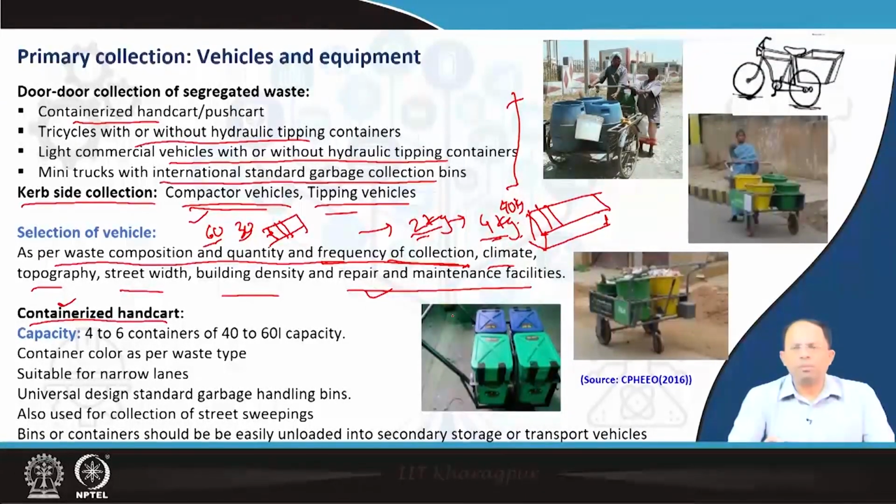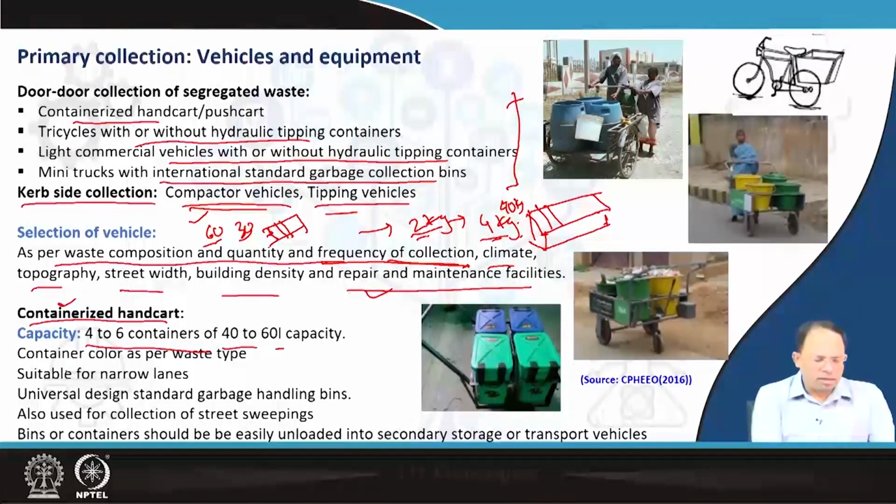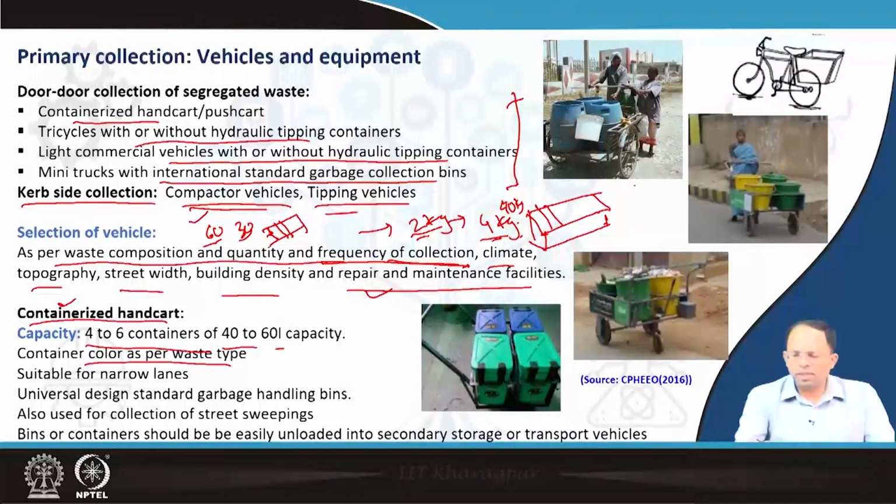But if it is not 50-50, in that case accordingly we have to select so many containers of organic waste and so many containers of non-organic waste, right? Roughly, what we see in a containerized handcart is usually 4 to 6 containers of 40 to 60 liter capacity. The container color is as per the waste types. As you can see in these images, over here there are 3 blue containers, over here there are 2 yellow, 2 green.